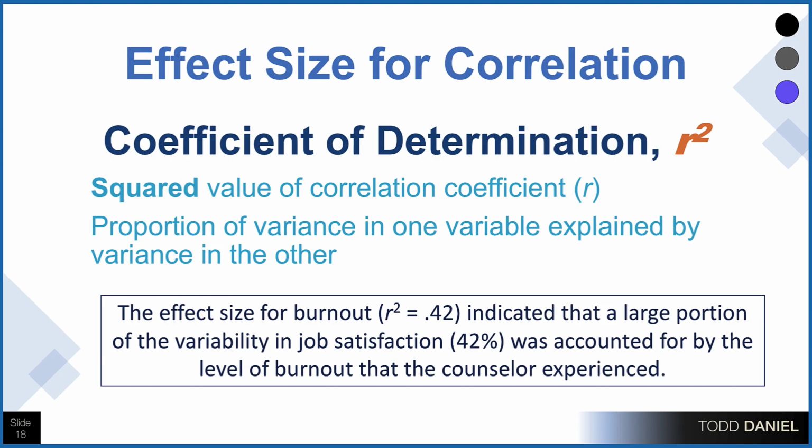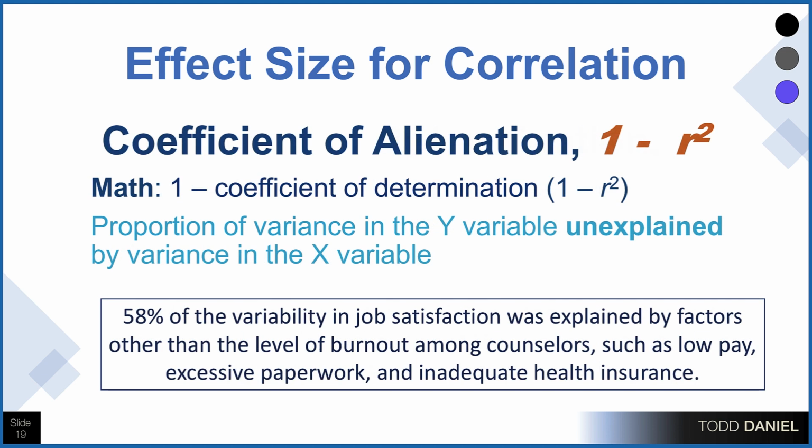Or to use a real-world example from a real dissertation, the effect size for burnout, which was an R squared of 0.42, indicated that a large portion of the variability in job satisfaction, 42%, was accounted for by the level of burnout that the counselor experienced. Notice that the R squared of 0.42 can be easily converted into a percentage just by moving that decimal and adding a percent sign. A 0.42 is 42%.